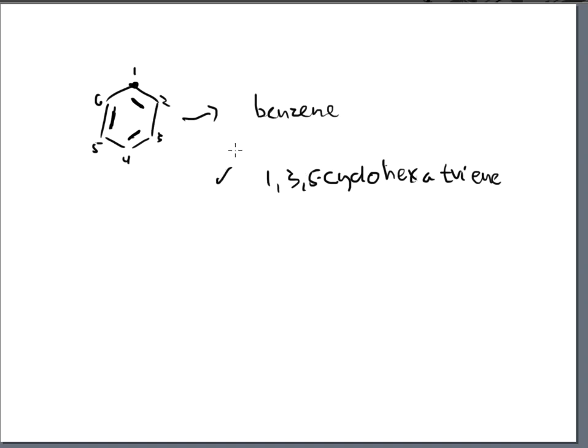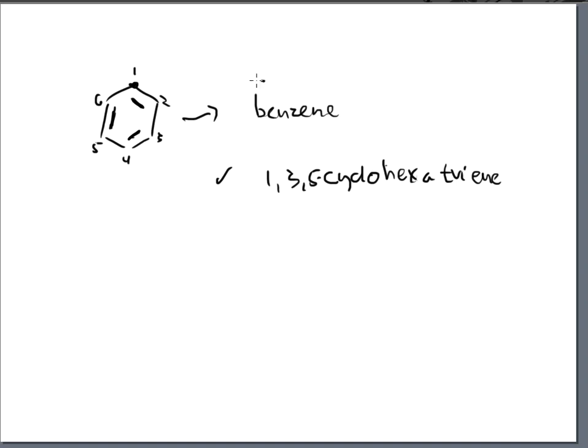And the answer is, yeah, we can call it that if we want. But this group is such a common group in organic that we just forget about IUPAC because that is long. I'm too lazy to write down that name every single time that I need to bring it into the picture. So we've got to do something a little bit more simplistic as far as the nomenclature system is concerned with benzene.